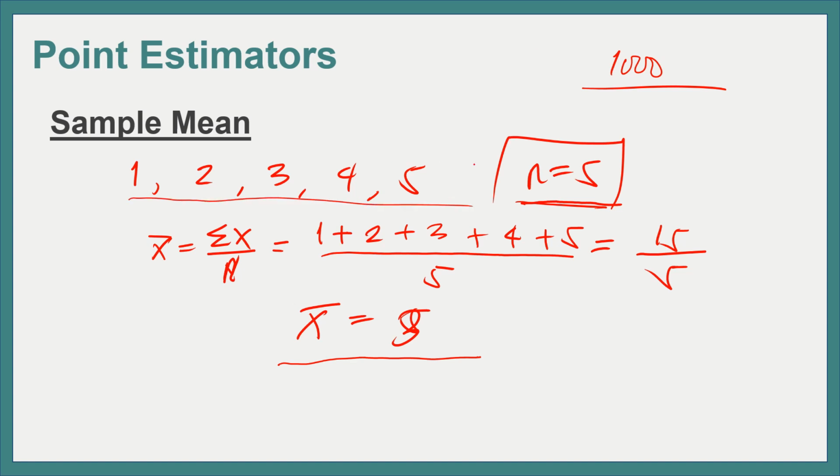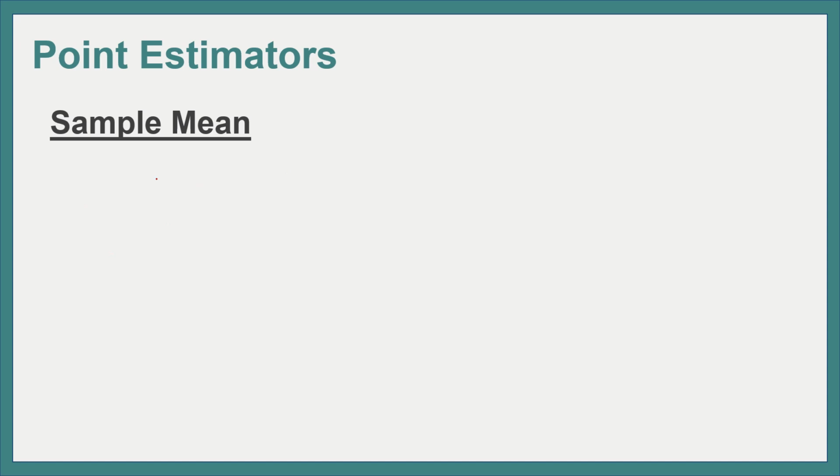So aside from the mean, we can also solve for the median estimators. For example, we have 1, 1, 2, 3, 4, 5, 6, and then 7. So we have here 1, 2, 3, 4, 5, 6, 7, 8.